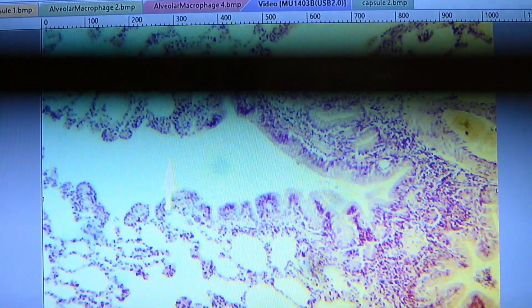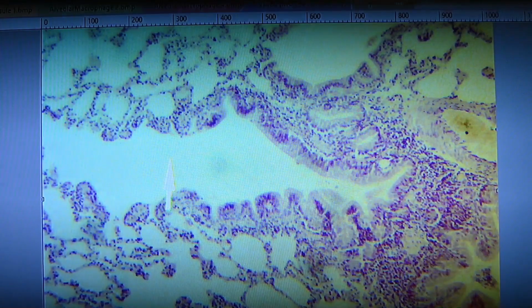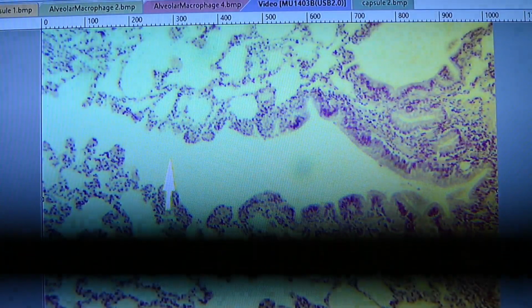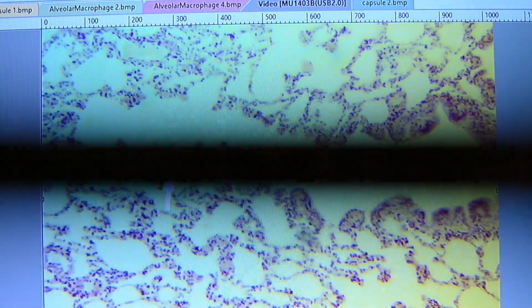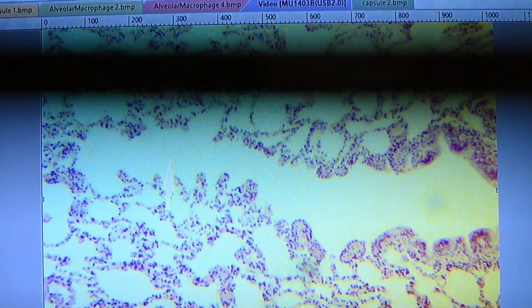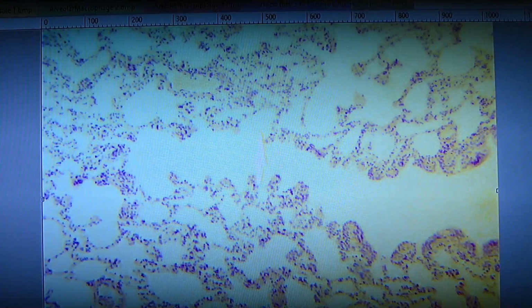Here we see a location where a bronchiole is leading into a much smaller bronchiole that leads into an alveolar duct. So off the side of this passage, this would be an alveolar duct right here. And off to the side we have these little openings to the alveoli.